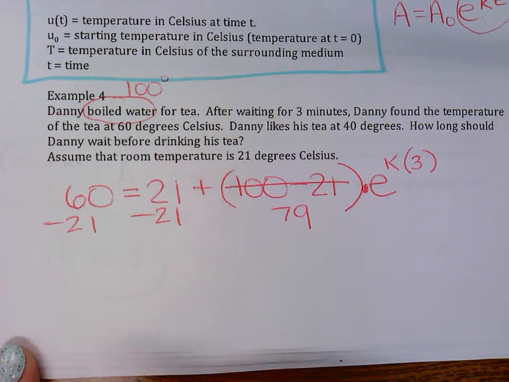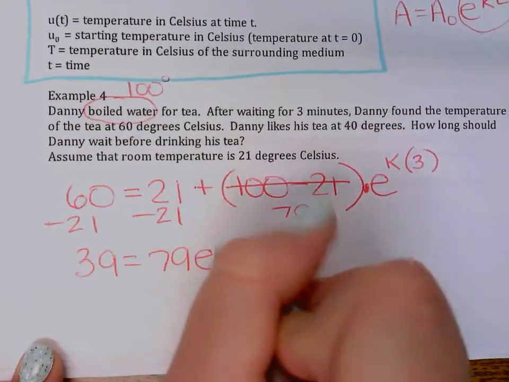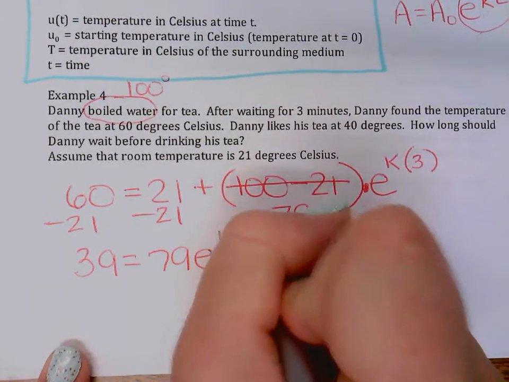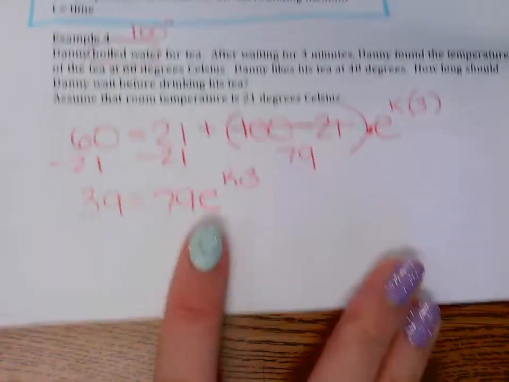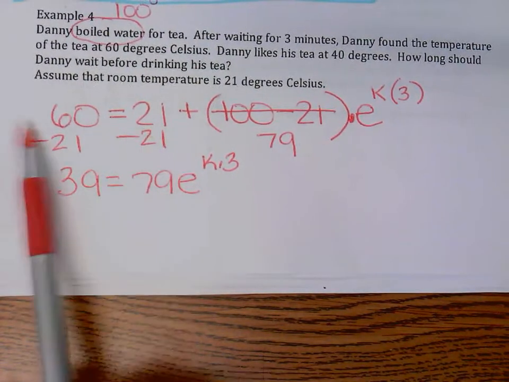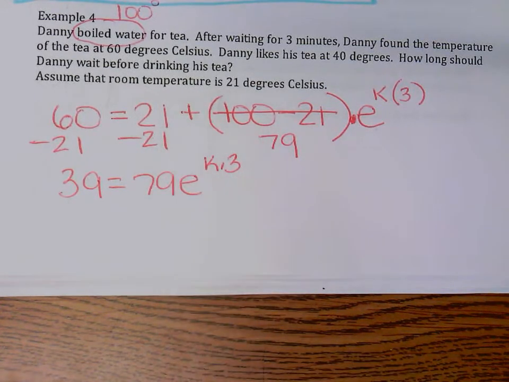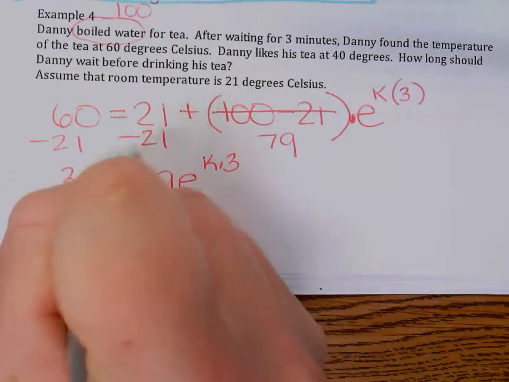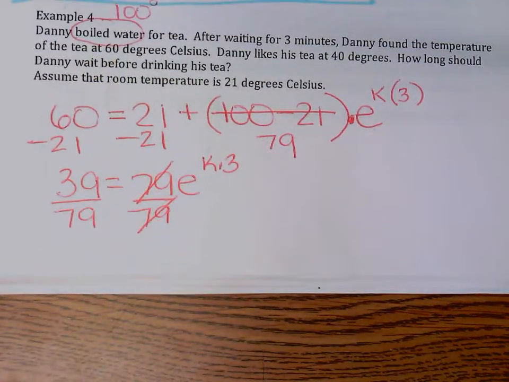So that would be 39 equals 79e to the k times 3. That's a really important order of operations algebra step, that you're going to subtract this 21. You don't get to combine the 21 and the 79. What's my next step? Divide by 79. I'm just going to leave it as the fraction 39/79 rather than making a decimal.